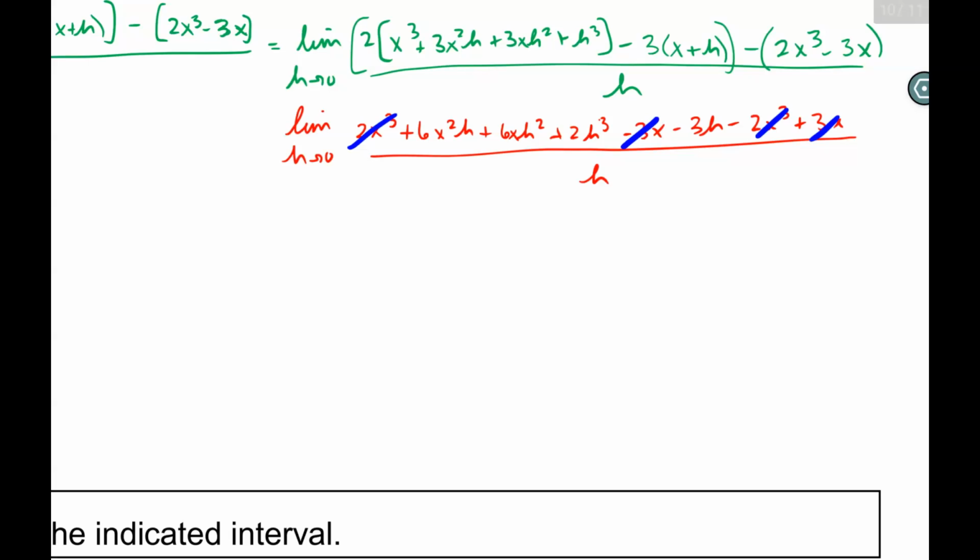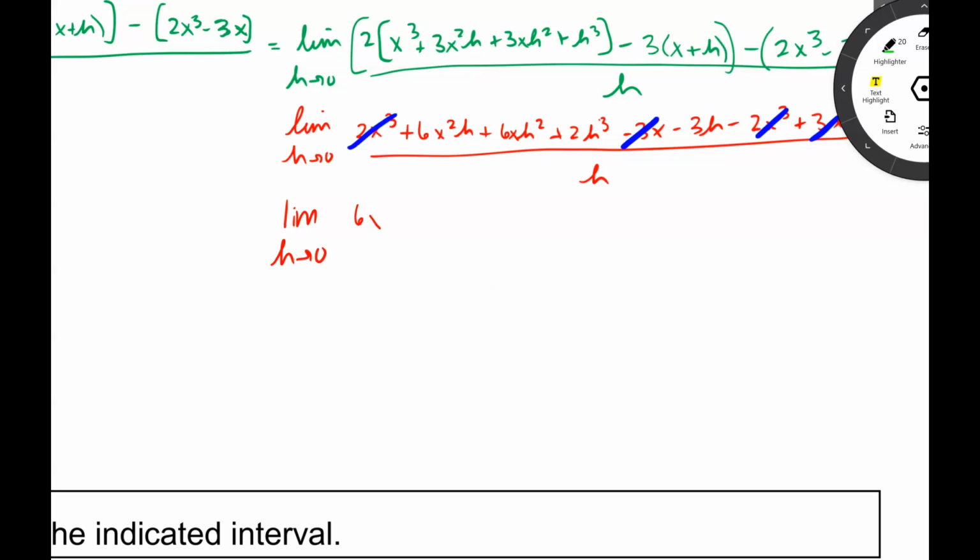Okay, so let's just rewrite what we have. The limit as h goes to 0 of 6x squared h plus 6x h squared plus 2h cubed minus 3h all over h. So there should be an h in every term.